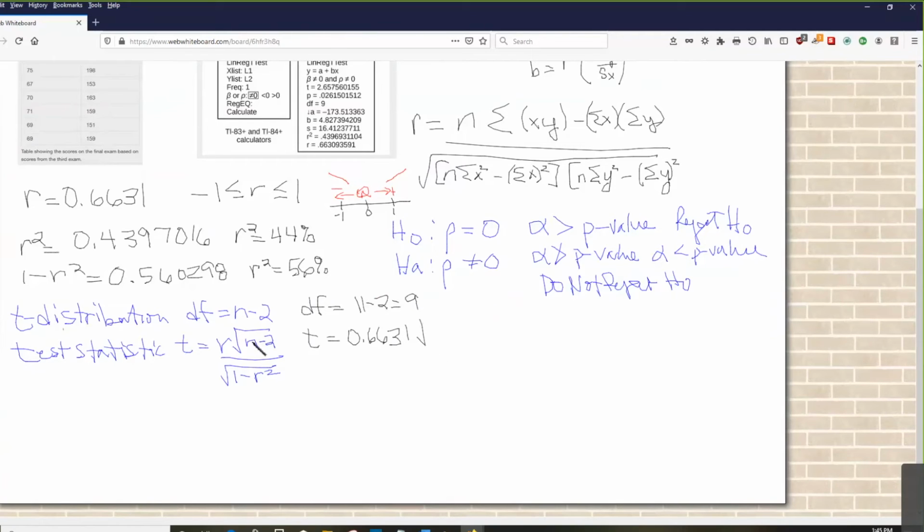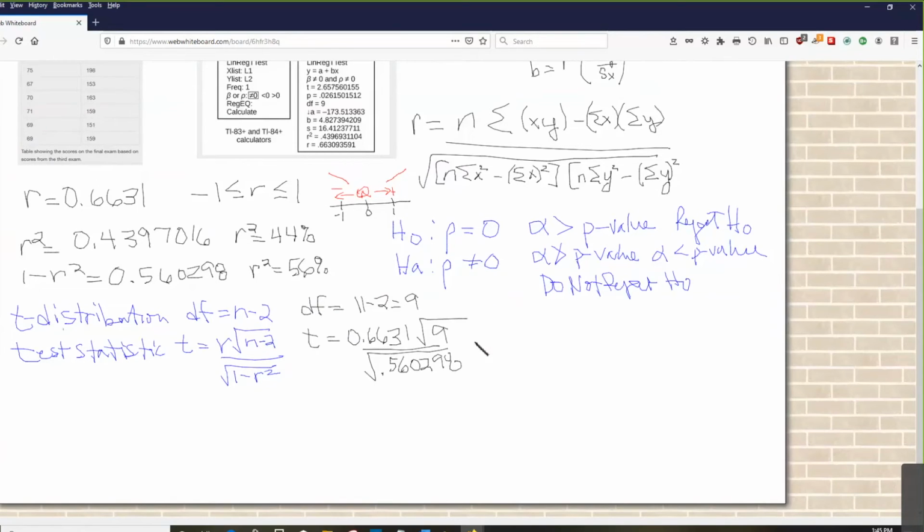Then I'm going to do the square root of n minus 2, which is 9, and then divide it by the square root of 1 minus r squared, which is the square root of 0.560298.